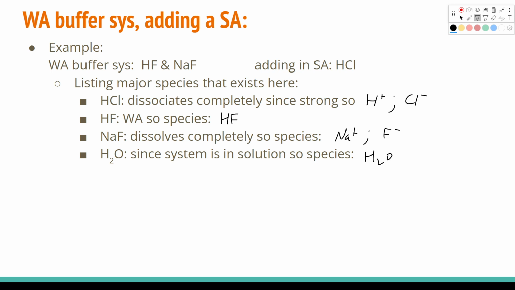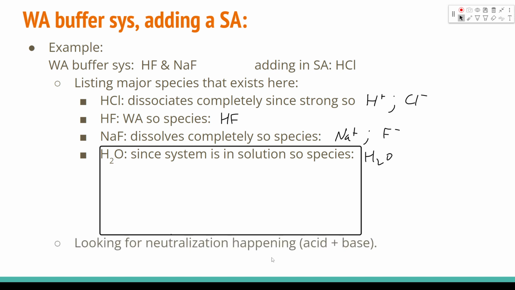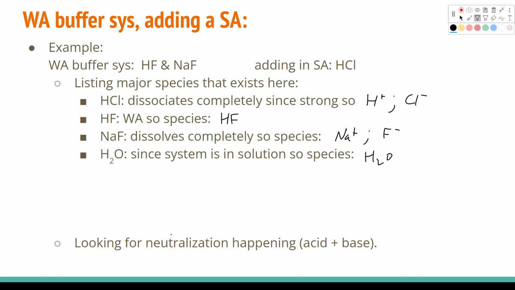Okay, so now that we have our major species in this buffer system, we're going to look at what is actually neutralizing, okay? And so we need to figure that out by looking at the different species. Okay, so when this neutralization process is happening in the system, as a reminder, the buffer system is trying to resist the pH change.